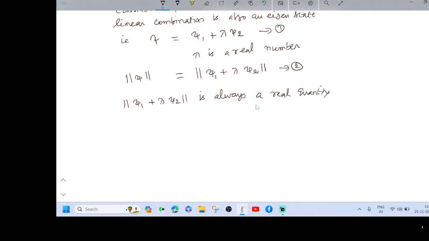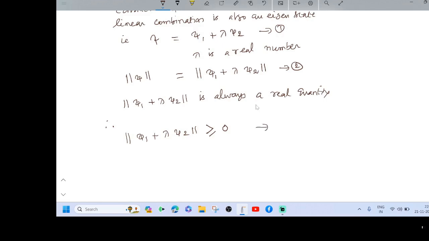If you take the norm of a vector, that should be a real quantity. Therefore, we may write the norm of psi1 plus lambda into psi2 is greater than or equal to 0. Real quantity means it may be equal to 0 or greater than 0.